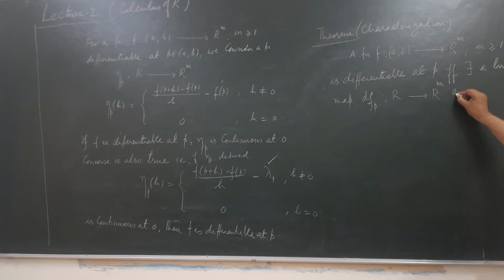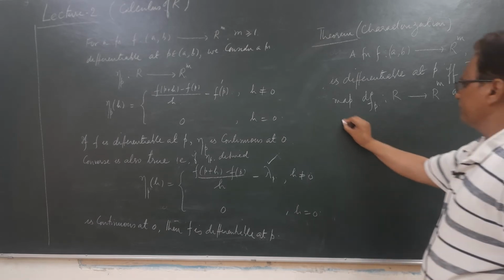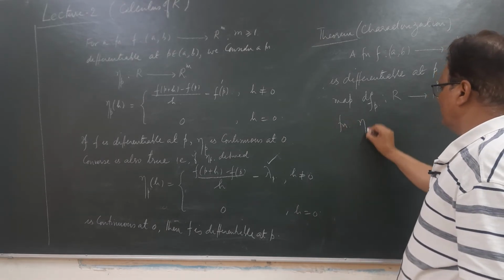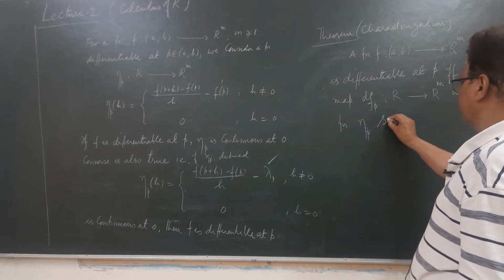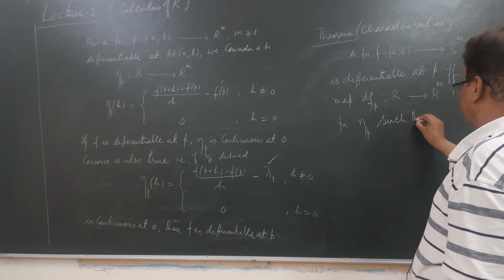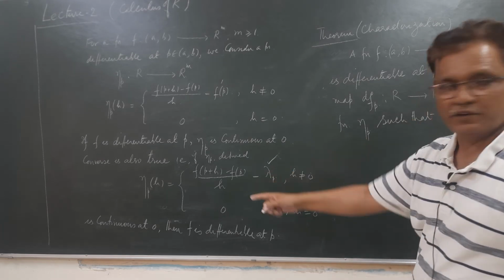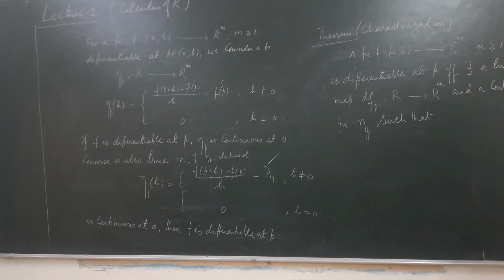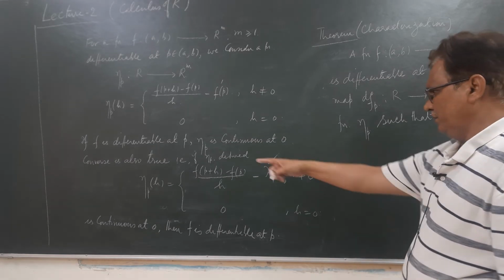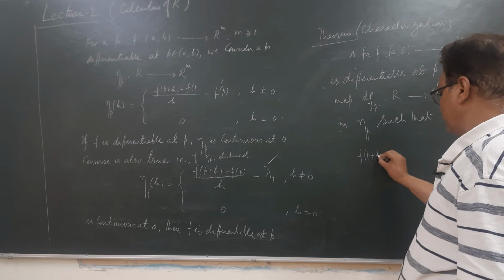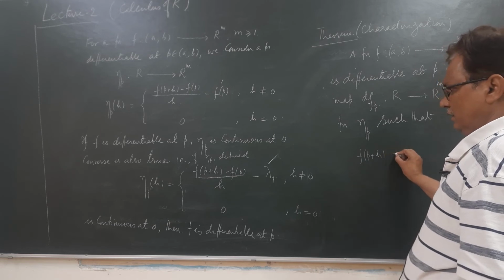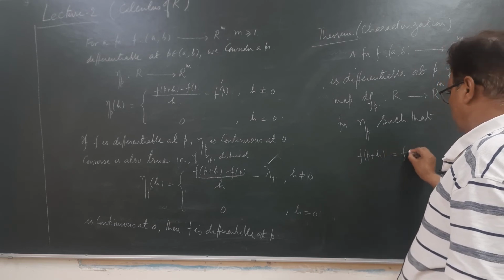and a continuous function, I will call it eta p, from R to R^m once again, such that, let me rewrite this statement, f of p plus h equals f of p.